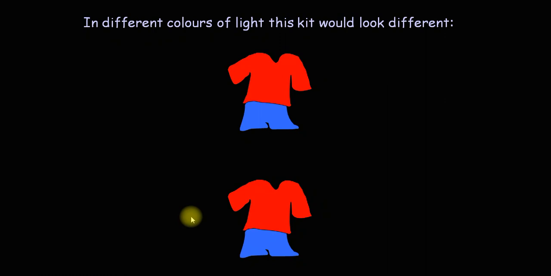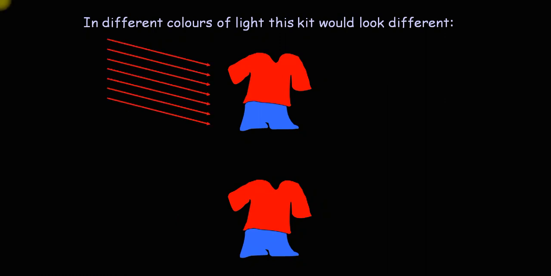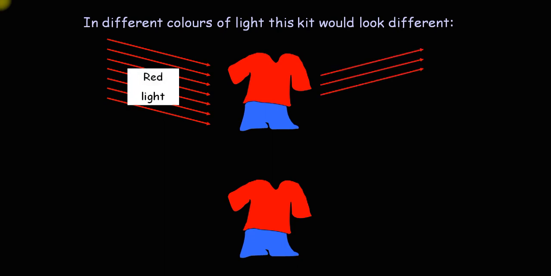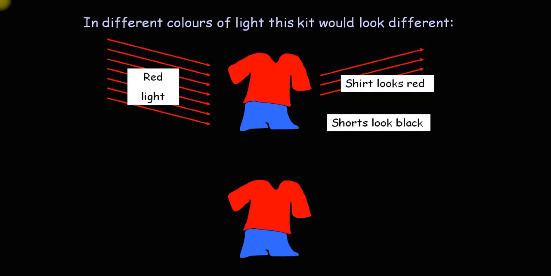But when you have a different situation like this, here you have just a red light. The red shirt will reflect red, so we'll see it as red. But then the shorts will reflect nothing, so we'll see them as black. It means the shorts, which were originally blue, absorb the red.